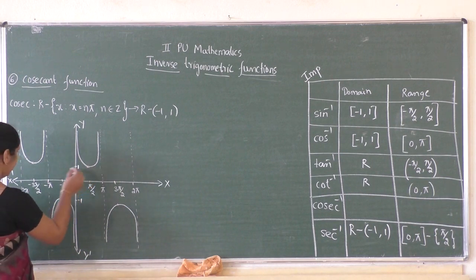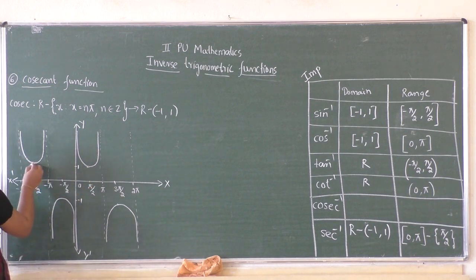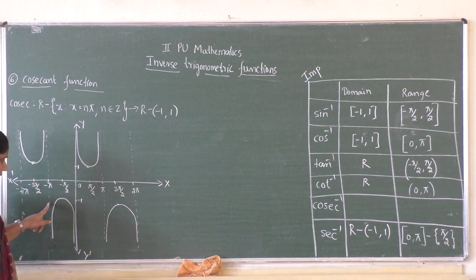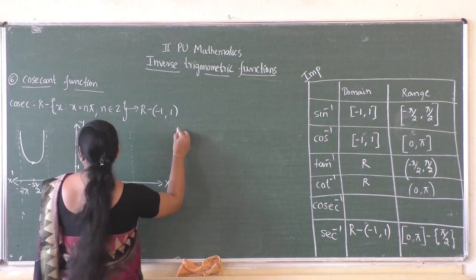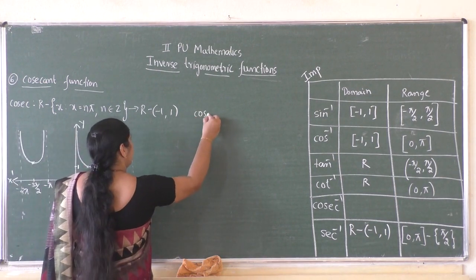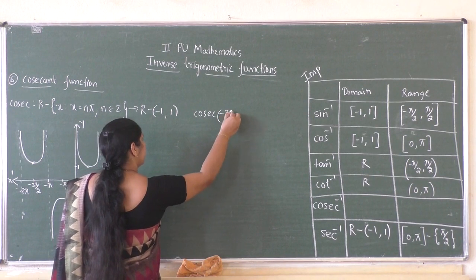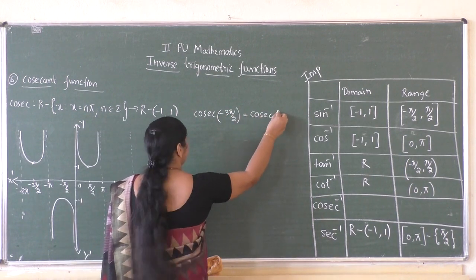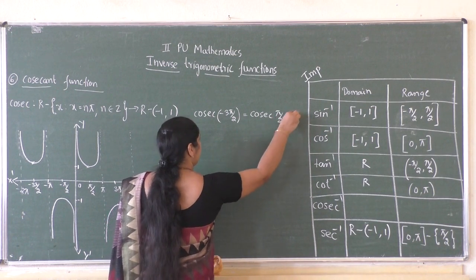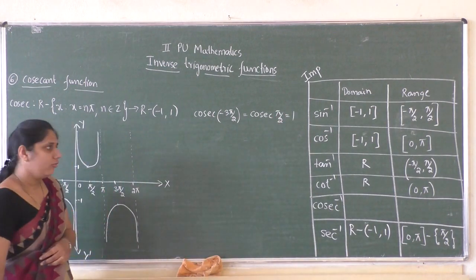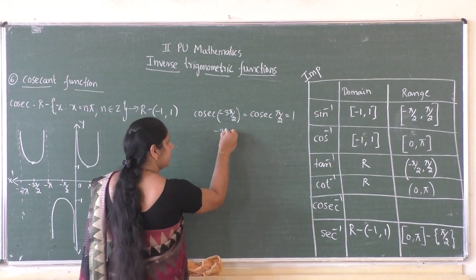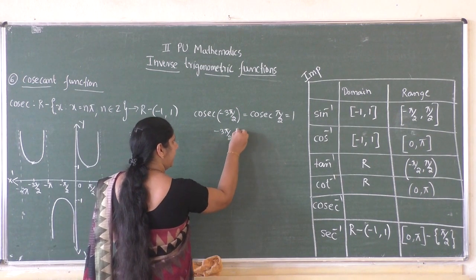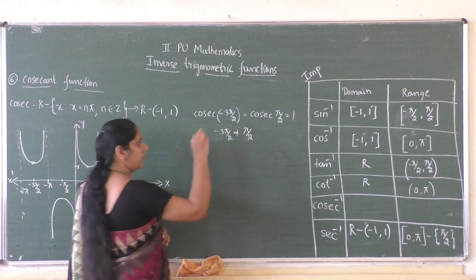Now if we take it as such, see the graph. The value of cosec at minus 3 pi by 2 and pi by 2 are both the same, right? Cosec minus 3 pi by 2 equals cosec pi by 2, both values equal 1, but minus 3 pi by 2 is not equal to pi by 2.